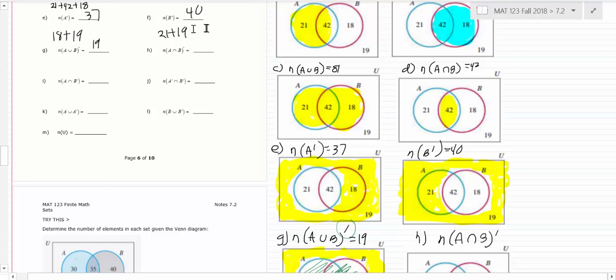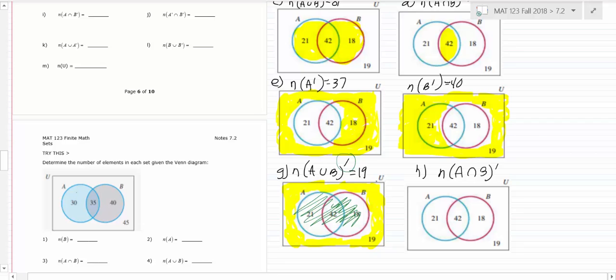Okay. All right. Next one is outside of the intersection. Okay, so what I'm going to do on this is, well, the intersection is that part. So if you're outside of the intersection, then what would you have? Remember, you're just out of the football shape, so what would you do?